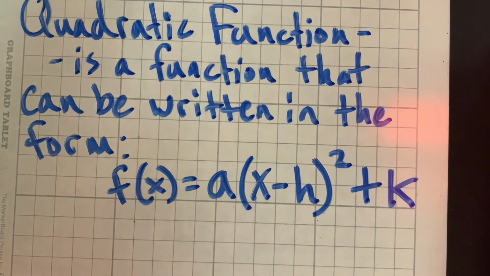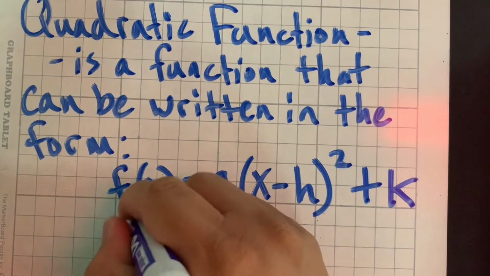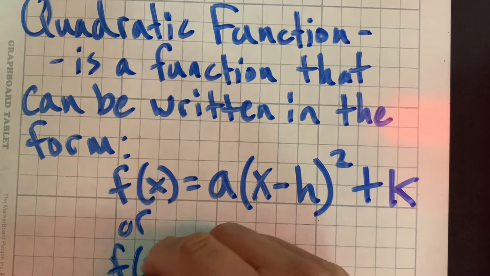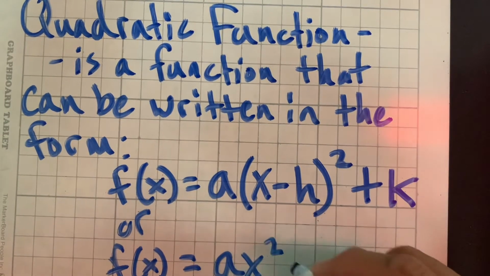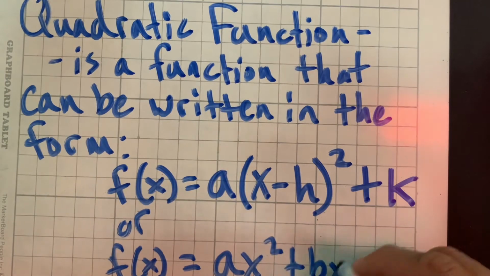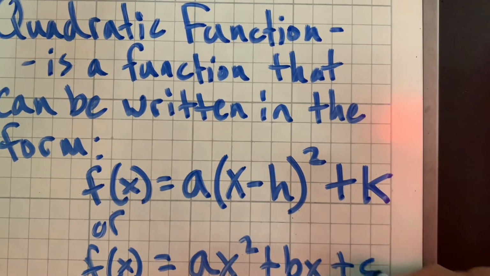So a quadratic function is a function that can be written in the form f of x equals a times the parentheses of x minus h squared plus k, or f of x equals ax squared plus bx plus c.